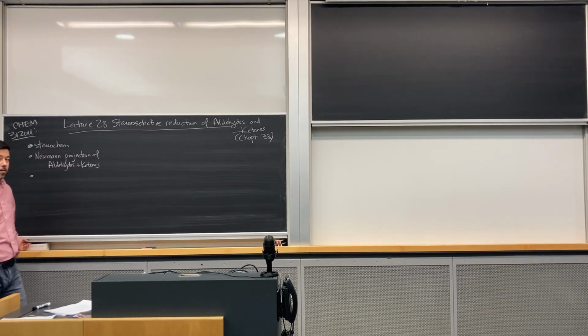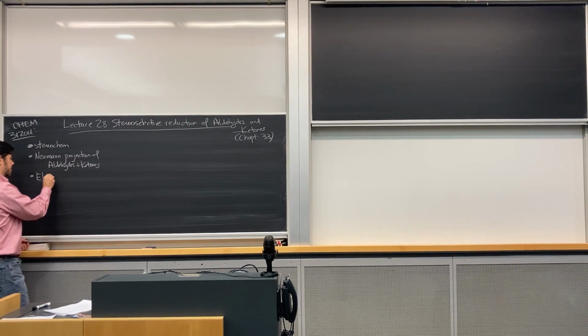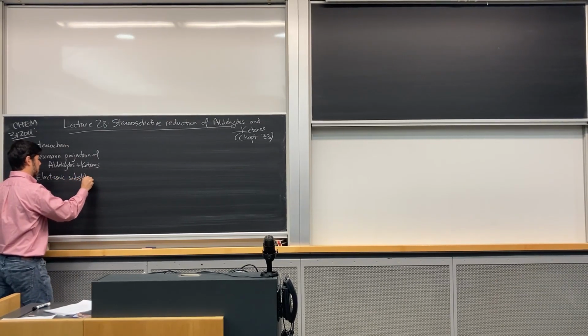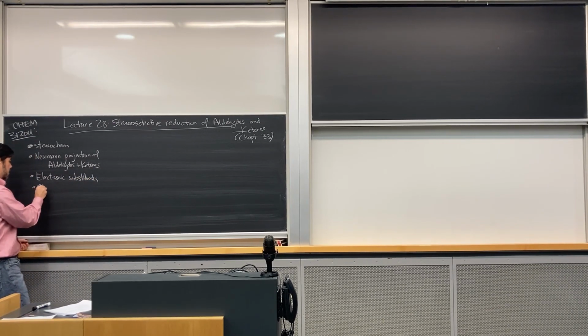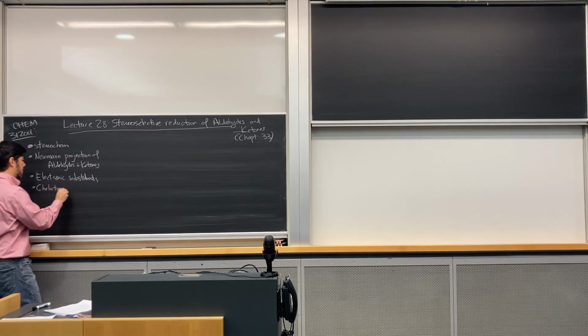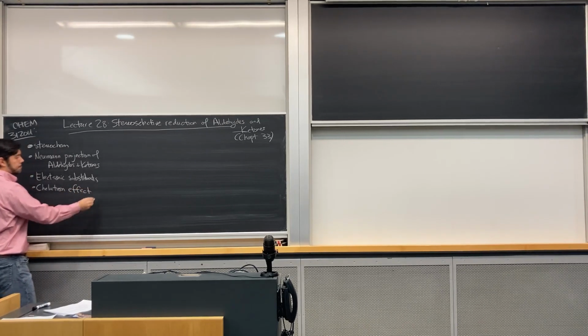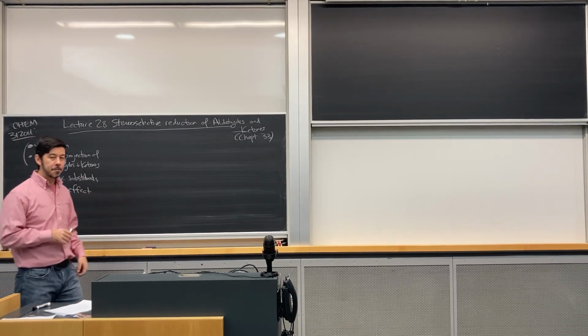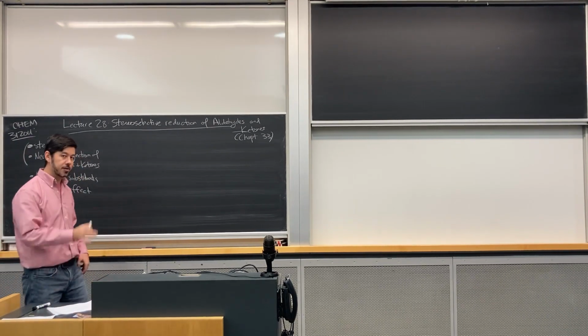And once we understand that, we're going to look at the effect of electronic substituents and chelation effects on stereochemistry. Okay, so I'm going to divide this up into 2 lectures. What we'll focus on today will be an introduction to the stereochemistry and look at Newman projections and how we can use that to predict the stereochemistry of this type of reaction.